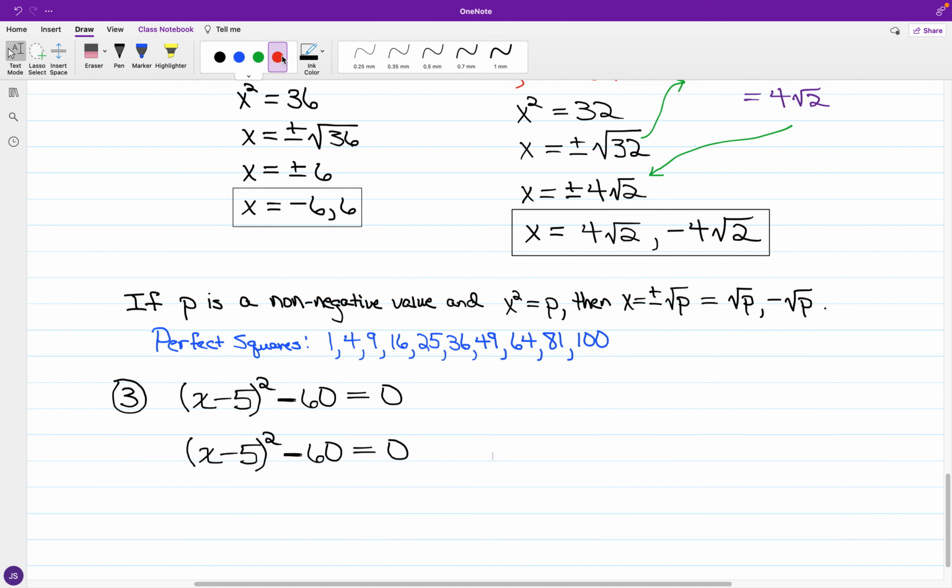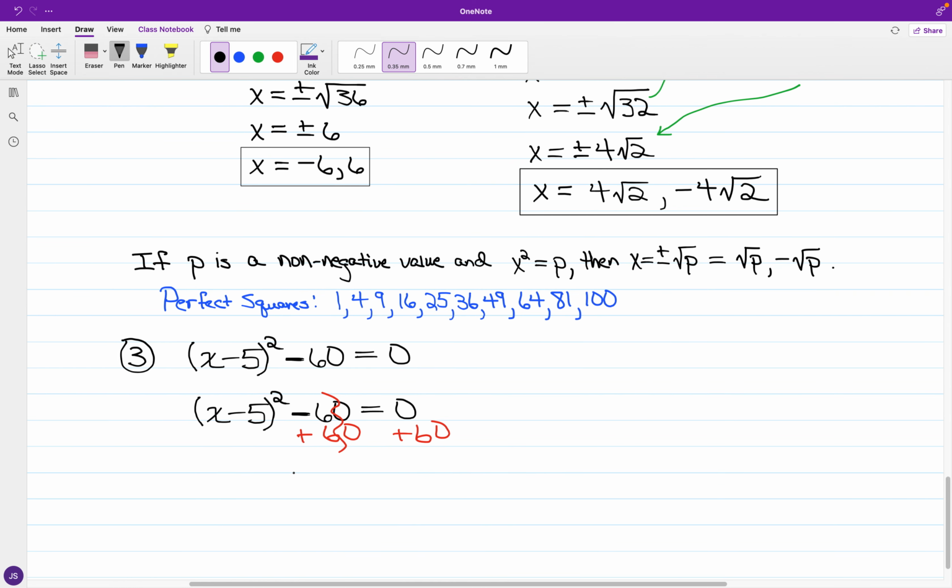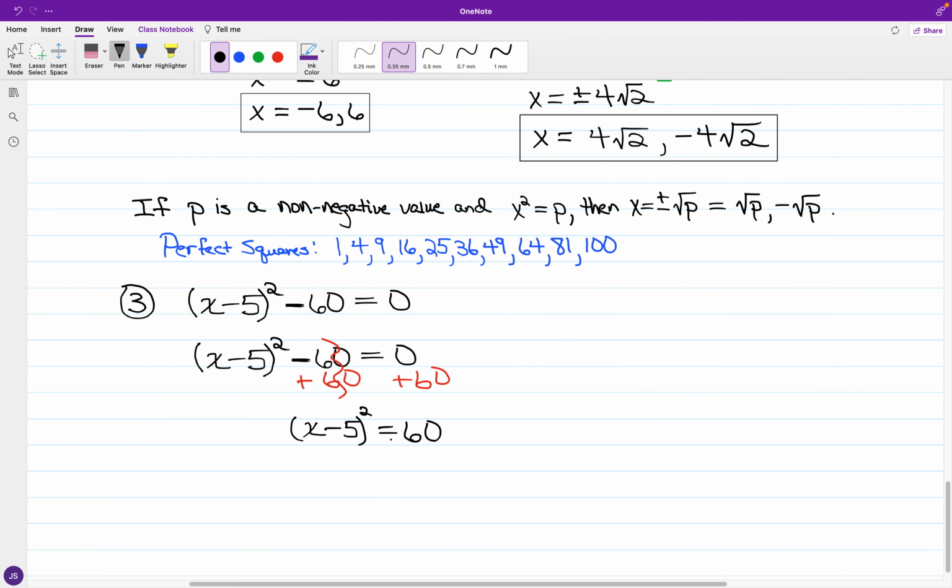Here I can move the 60 by adding. So in this layout, on the left we have the square of x minus 5 is equal to 60. So I'm at this x squared is equal to p stage, but where x is represented by x minus 5.